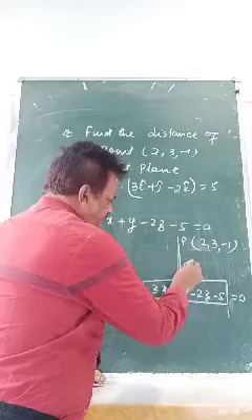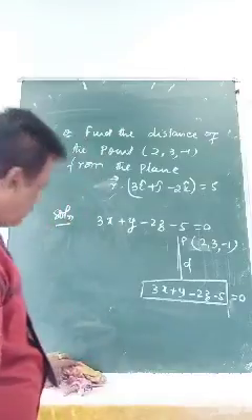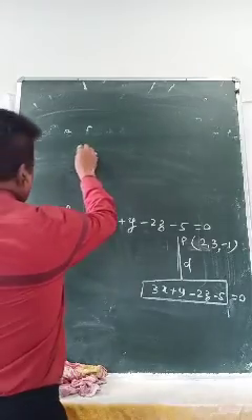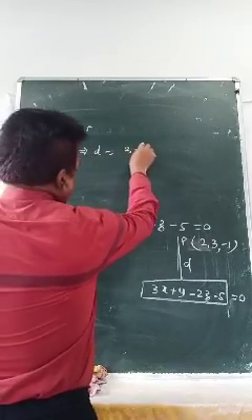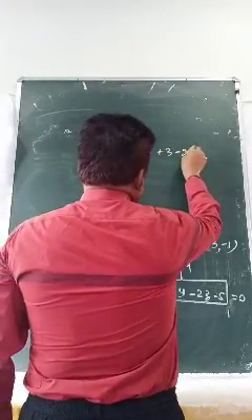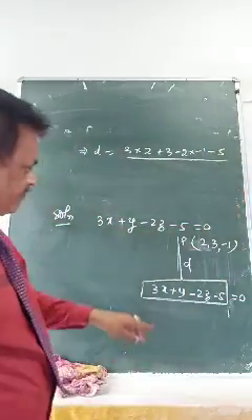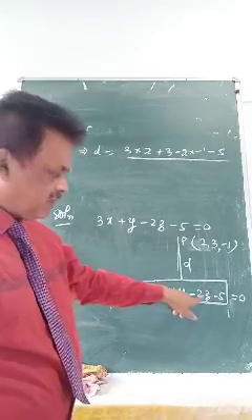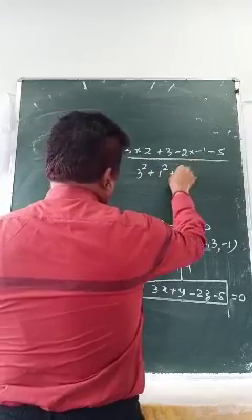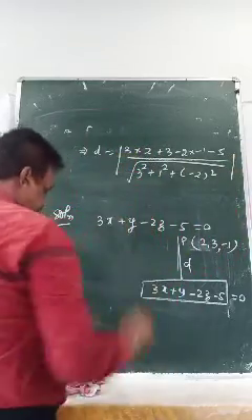This distance you will find, x, y, z replaced by 2, 3, -1. So D will be modulus of 3 into 2 plus 3 minus 2 into -1 minus 5, divided by square root of a square plus b square plus c square, means 3 square plus 1 square plus (-2) square.